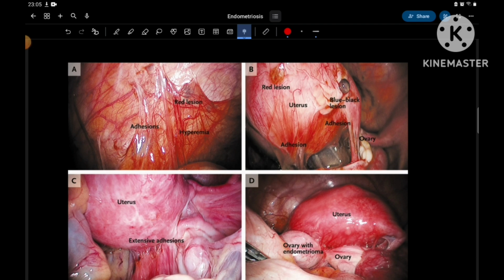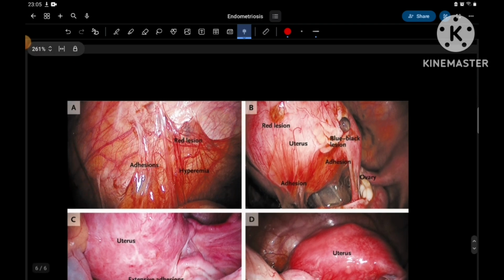Please do refer to textbooks like Shaw and Dutta, common textbooks which I use. If you are able to access Williams, it will also be good. So I think it's basically due to hemosiderin, this chocolate cyst. Please refer to that point alone.